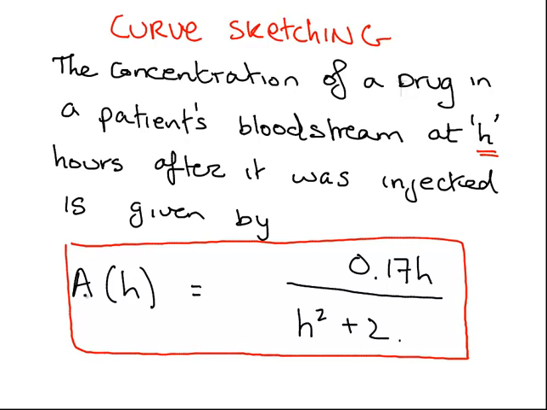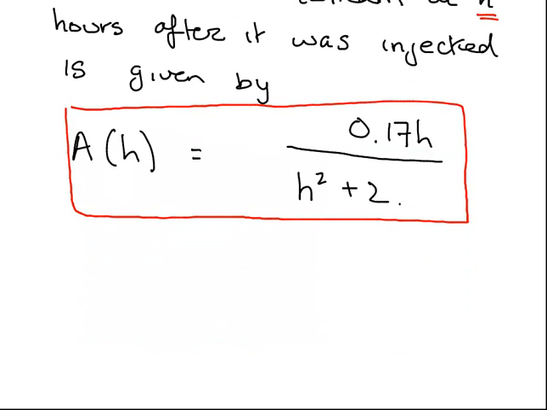So the concentration level at time H is given as 0.17 H over H squared plus 2. Just a quick example of that, just to flesh it out. Suppose we want the concentration after 1 hour.